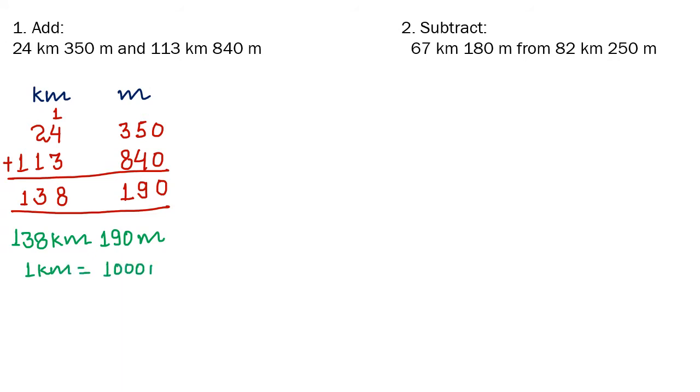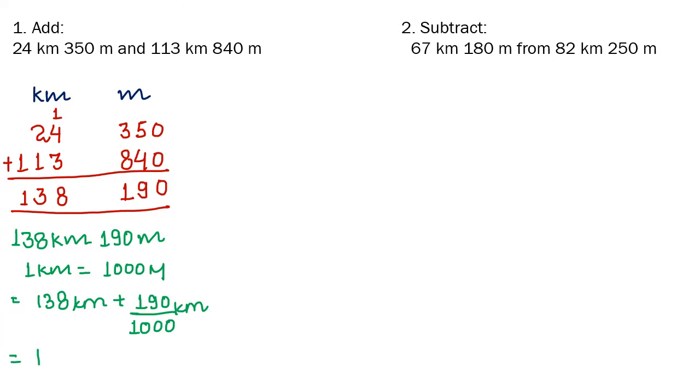Now we know that 1 kilometer is equals to 1000 meter. So 138 kilometer 190 meter will be equals to 138 kilometer plus 190 upon 1000 kilometer. When we will convert 190 meter into kilometer, we will divide it by 1000.